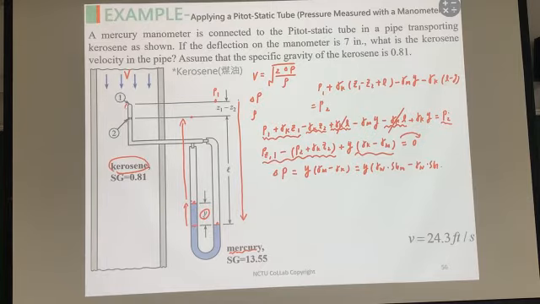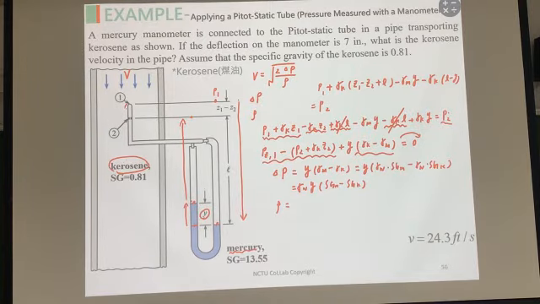Specific weight for the water, and SGK, okay? Follow these equations. So we know the delta P, we put the gamma outside. So gamma W Y multiplied by SGN minus SGK.